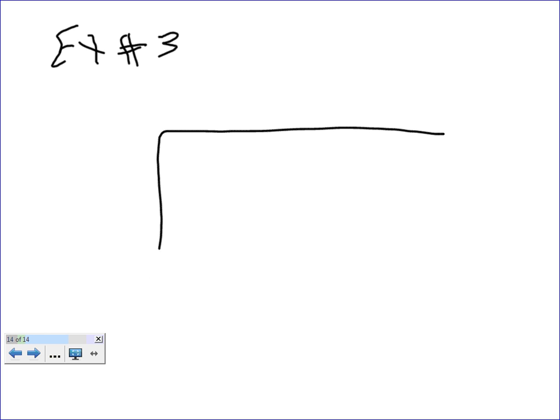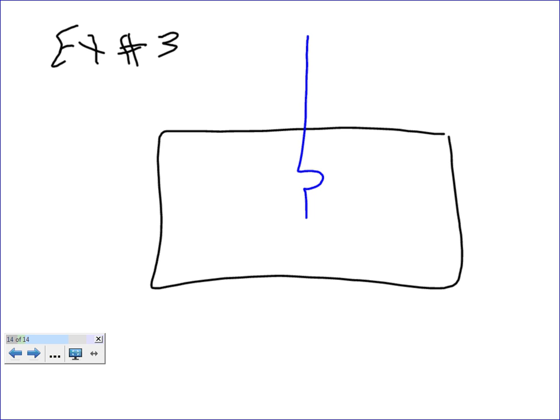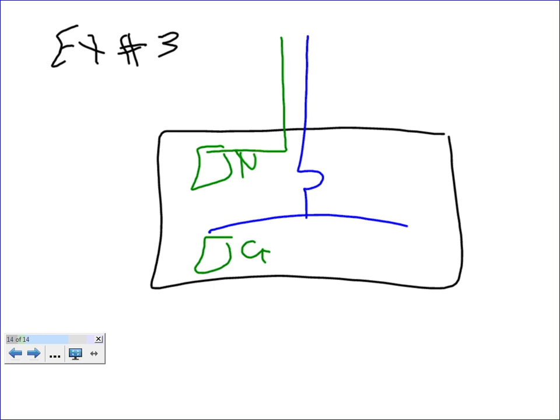Example number 3. There you go, buddies. You guys are going to be experts with that baby here. You're going to have a neutral. You have a ground. Now, this one is different.